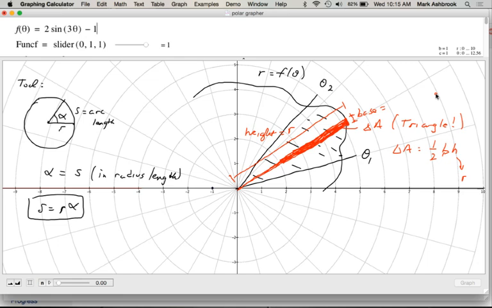So how are we going to calculate that arc length? Radius times alpha, right? This is where our tool comes in. It's whatever the radius is times the angle. What is the radius? It's just r. And what is our angle? Delta theta, a little change in theta.